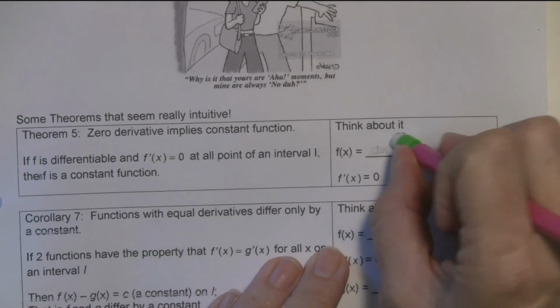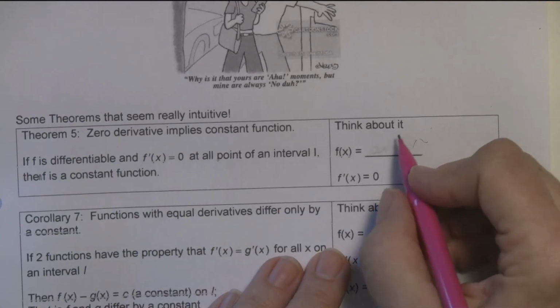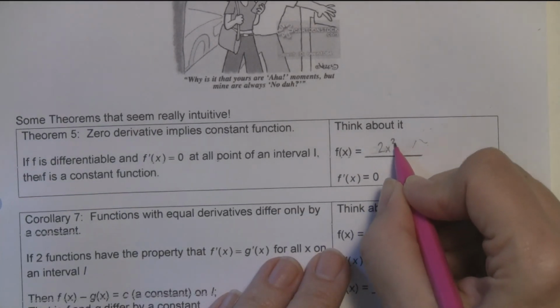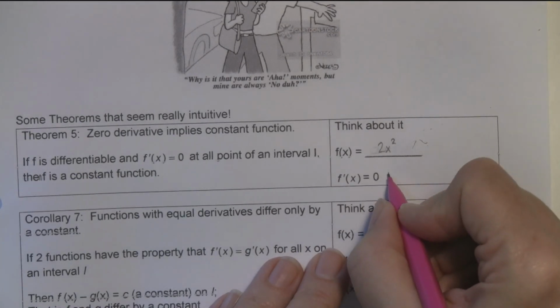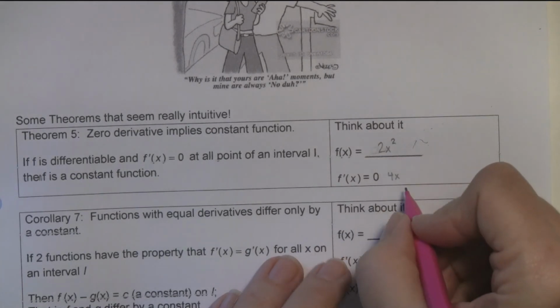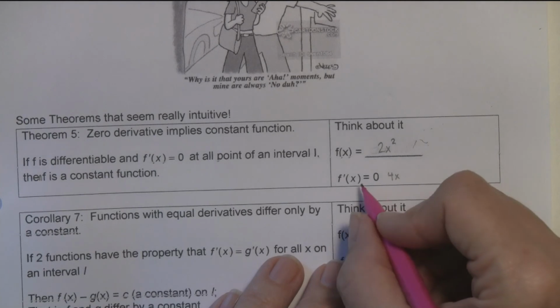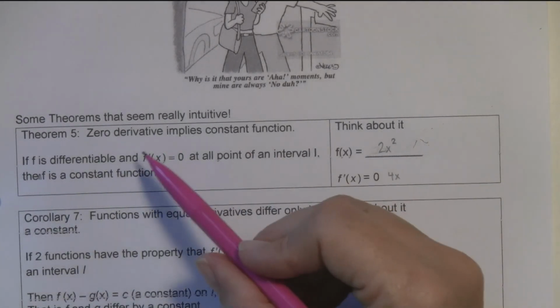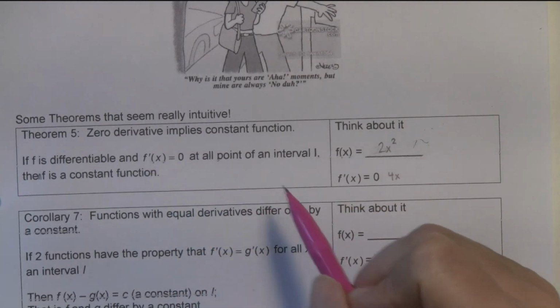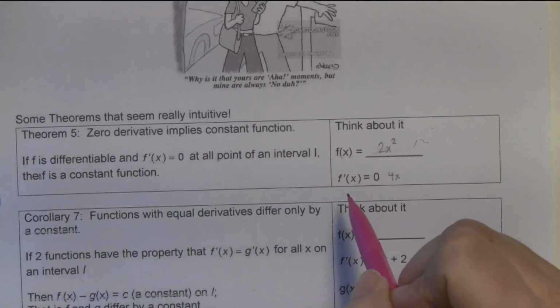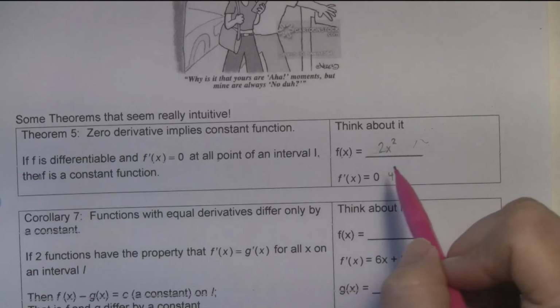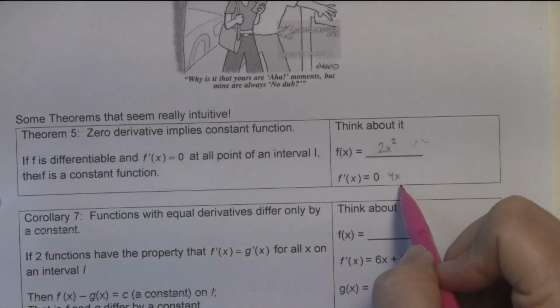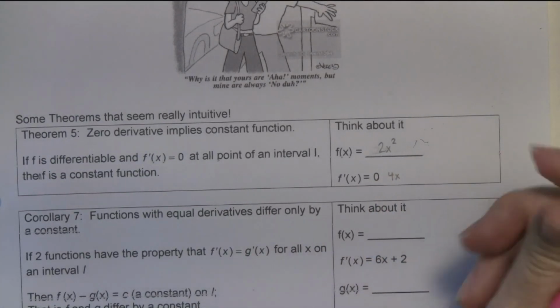And so what if I had 2x squared? Then the derivative would be 4x, and there would be a value when it is equal to 0 for x, but it wouldn't certainly be true for every value of x, and that's what it's saying. For every value of x, every point in the interval, it is equal to 0. And this is only one point, right, which is at x is 0, but all other points wouldn't be.